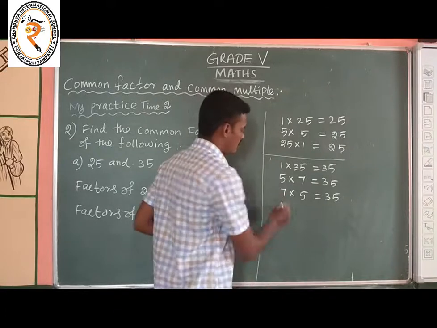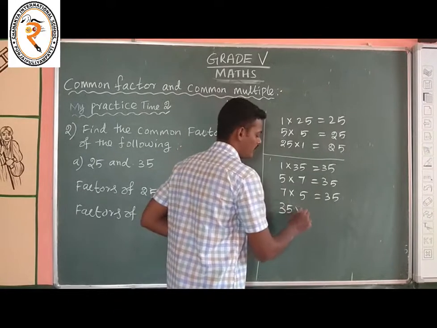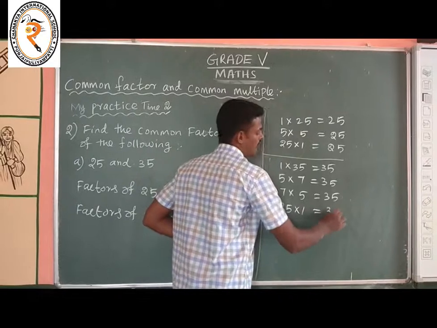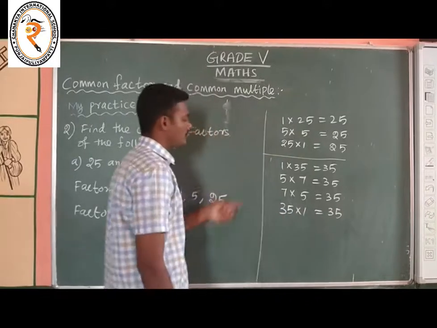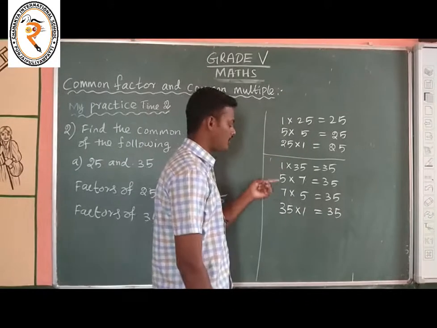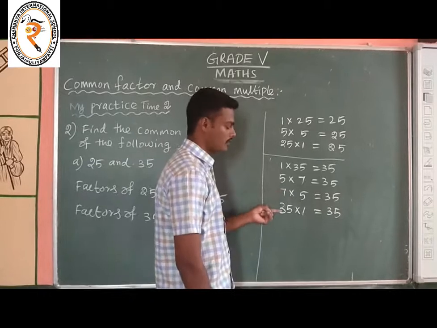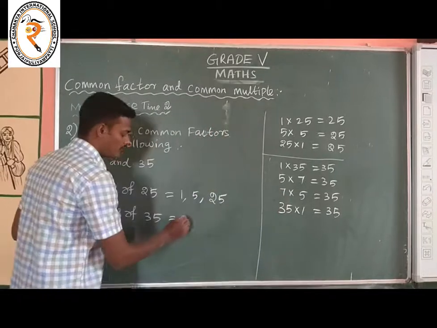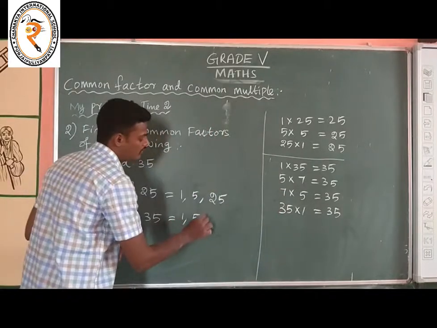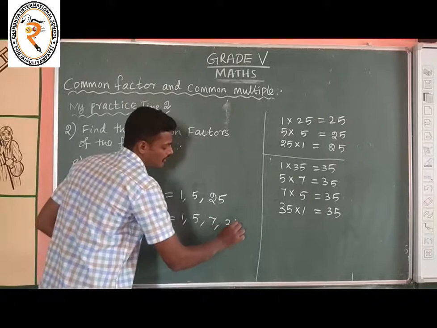Next, the 35th table, 35 into 1 is 35. So 35 comes in 4 tables: first table, 5th table, 7th table and 35th table.